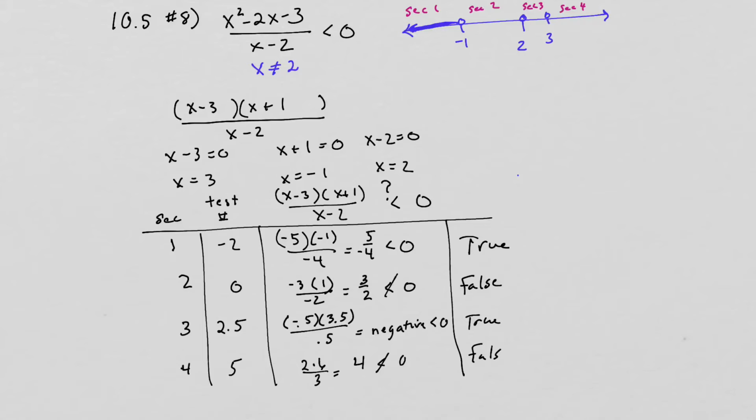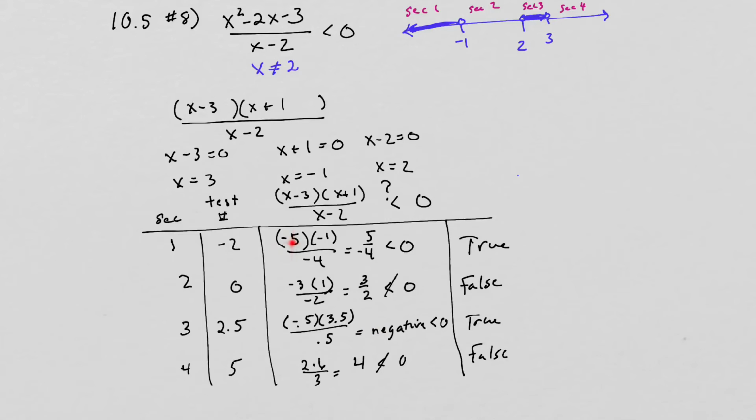So as you're working this out, we checked each section to see if the numbers in there make the inequality true. We found that sections 1 and 3 should be included in the answer because they make the inequality true. We went through and actually found the numbers that you get, but really all you care about is being positive or negative. In this case, you want your result to come out negative.